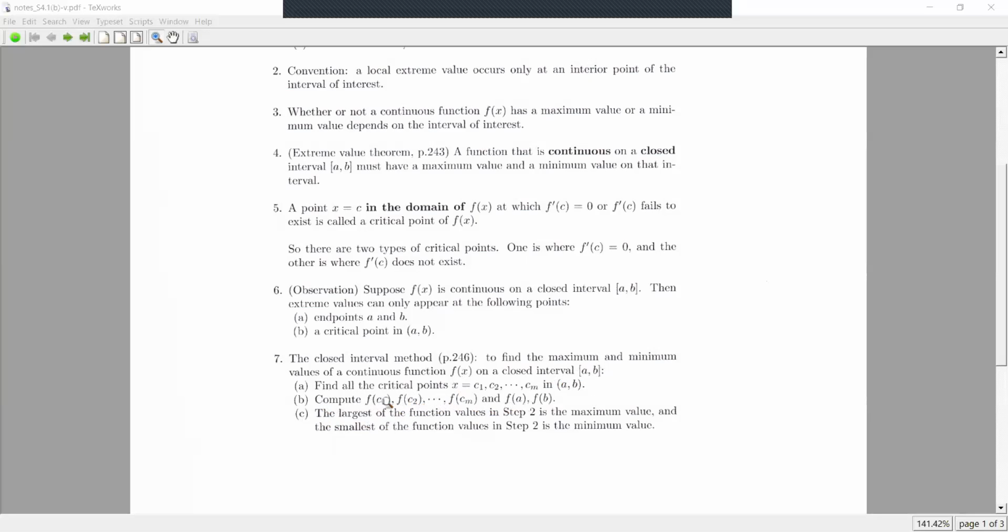And the smallest function value in step 2 is the minimum function value of the function f over this interval, a b. In the following, let me show you examples about how to use these 3 steps to solve problems.